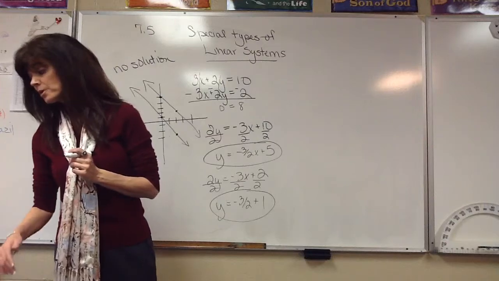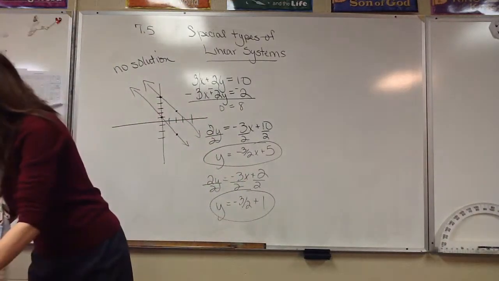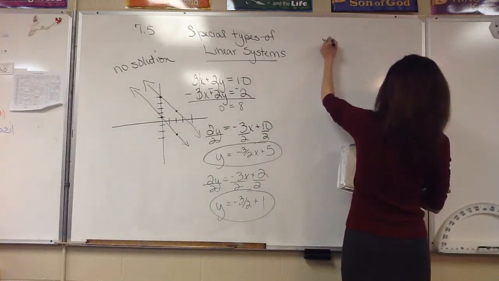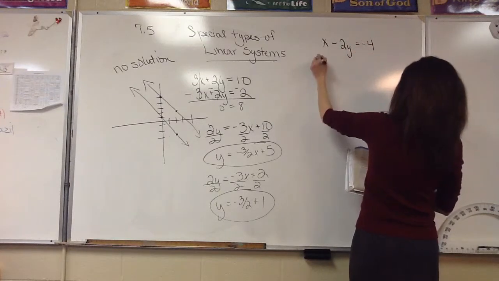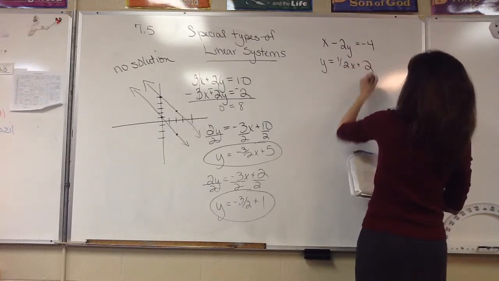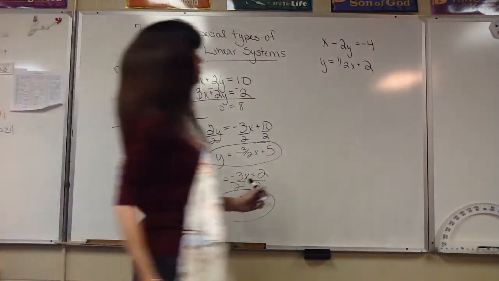Now we're going to look at a system where we have an infinite number of solutions. Here we will have x minus 2y equals negative 4, and y equals 1/2 x plus 2. Now this was kind of easy to identify if you're graphing it.